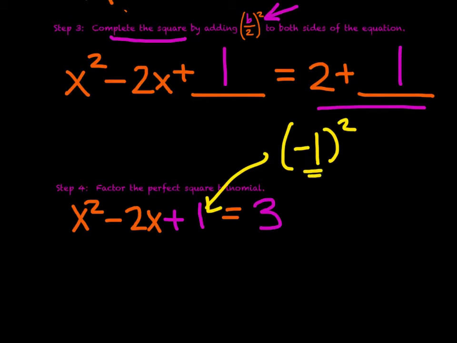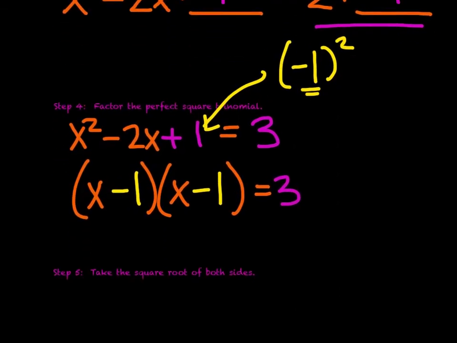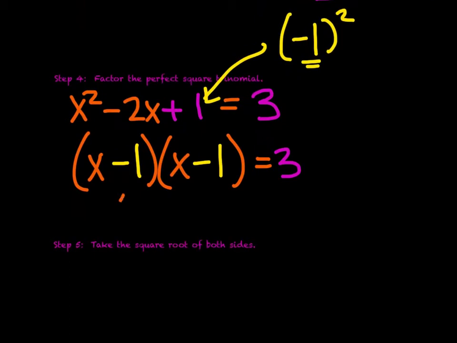So that negative 1 is what we're going to put into our perfect square trinomial. We'll have x minus 1 times x minus 1, and that is equal to 3. We can also rewrite that as x minus 1 squared, make it nice and easy for ourselves, and that is equal to 3.